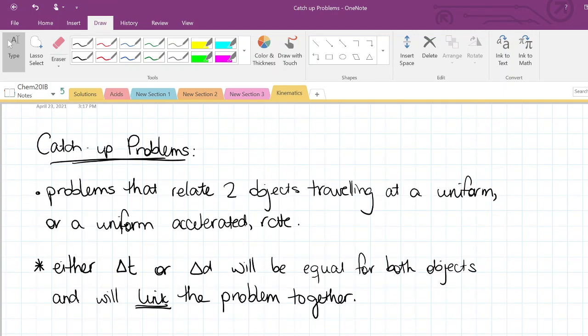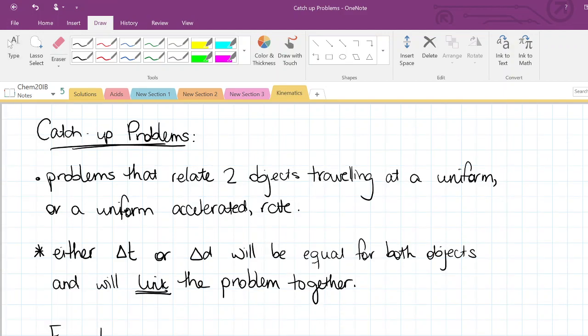The thing to note with any catch-up problem example is that you're going to be relating the rate of motion for each object, and the way we're going to relate each object to each other is either the times, that total time for both objects is going to be equal, or the total distance for both times will be equal. And in that way we can equate both equations to each other.